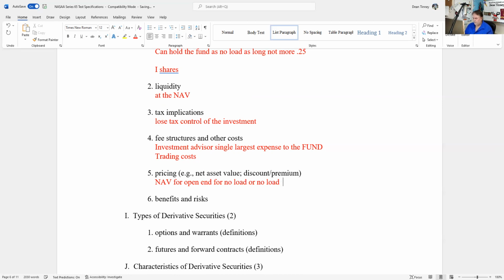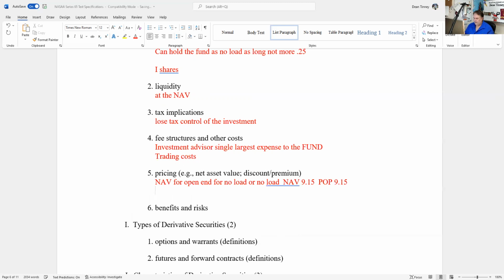So if it was, for example, a no load fund, maybe it looks like this. The public offering price is the NAV plus the sales charge. And if it was a loaded fund, maybe it looks like this.